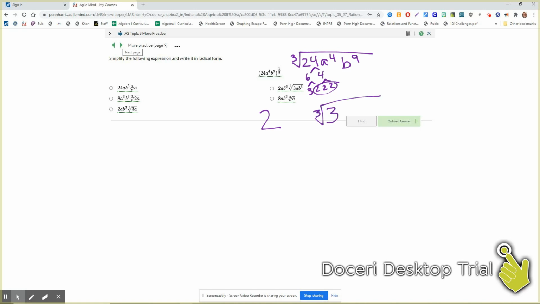Right away, I can get rid of this one, and this one. Let's look at the rest of this. A's, I can pull a whole one out with a leftover in. My B's, I can pull out 3 sets of 3. So my answer is 2ab to the 3rd times the cube root of 3a.